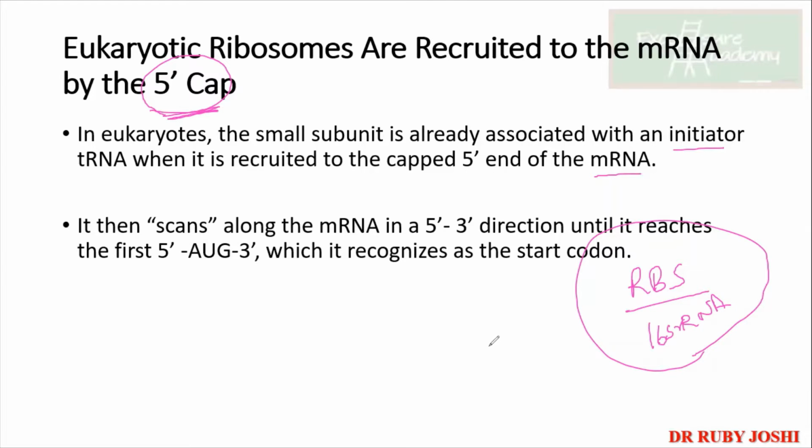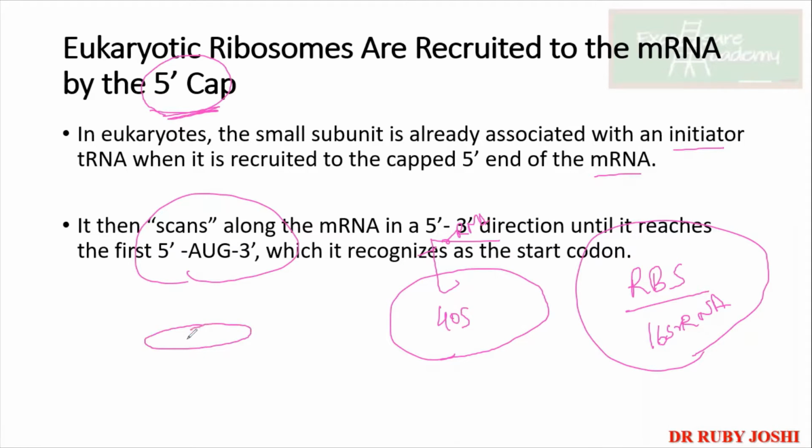So what does it mean? It means that the small subunit, your 40S subunit, already has the tRNA present there. It then scans along the mRNA, of course in the 5' to 3' direction, until it reaches the first codon. So there is a bit of a difference between prokaryotic and eukaryotic translation initiation. So this much is clear: the smaller subunit already has the initiator tRNA.